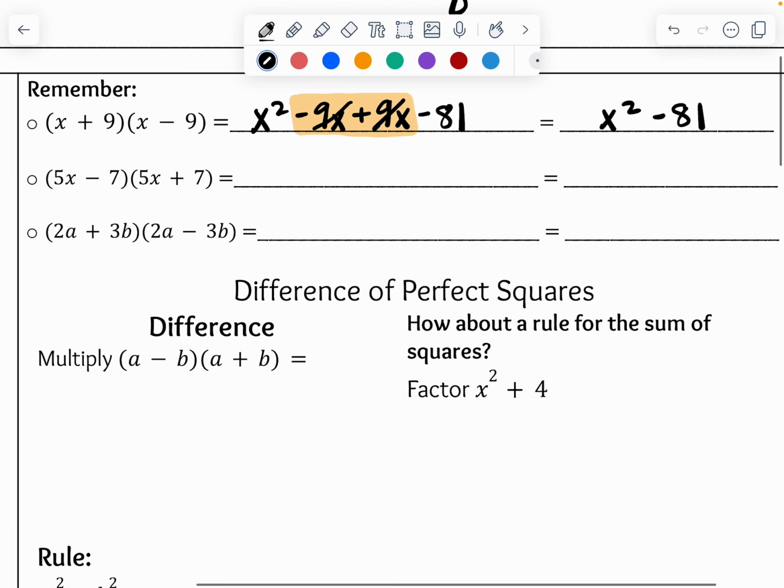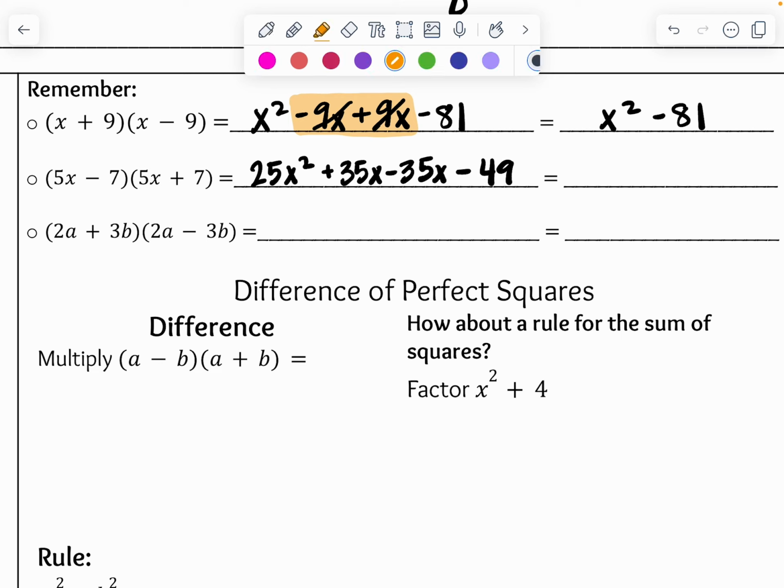Second example, we would have 25x squared plus 35x minus 35x minus 49. And again, our middle terms would cancel out. 25x squared minus 49.